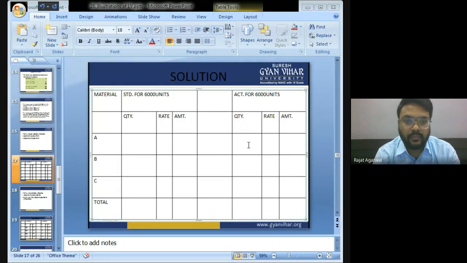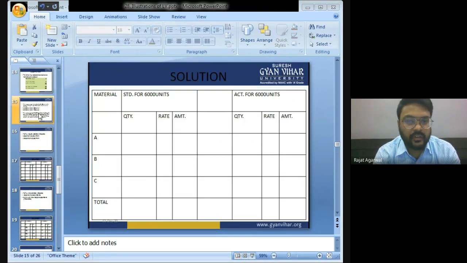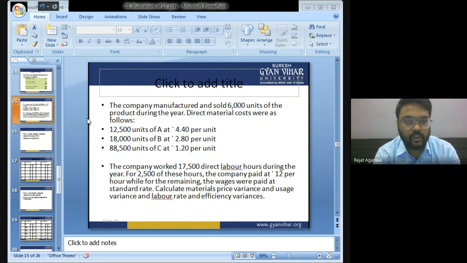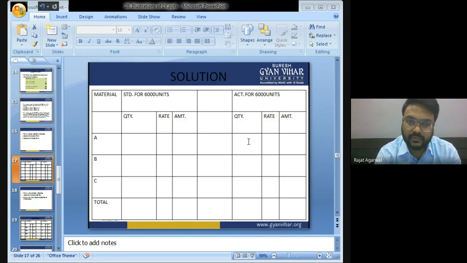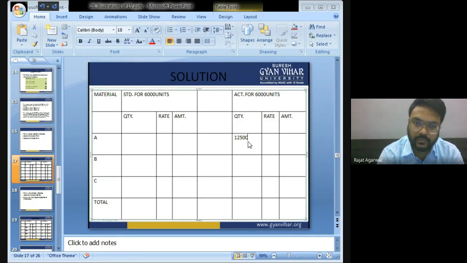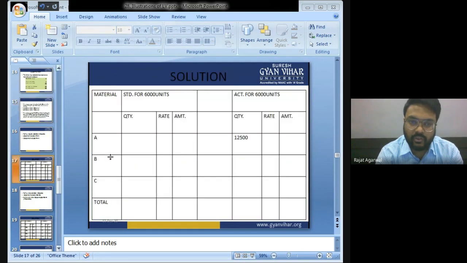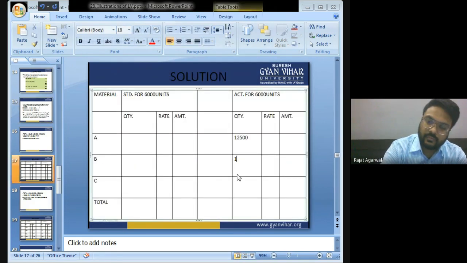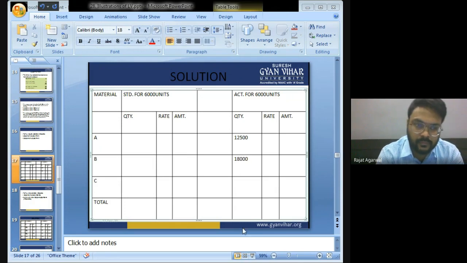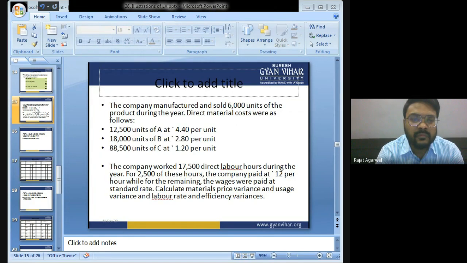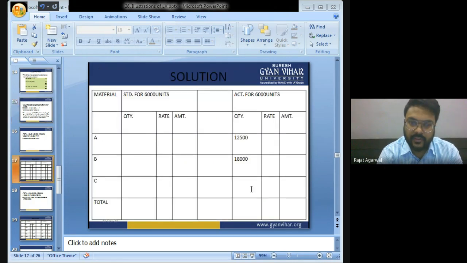Now, actual quantity is given. Let us write the actual quantity. Actual quantity of A is 12,500 units. Actual quantity of B is 18,000 units. Actual quantity of C is 88,500 units.